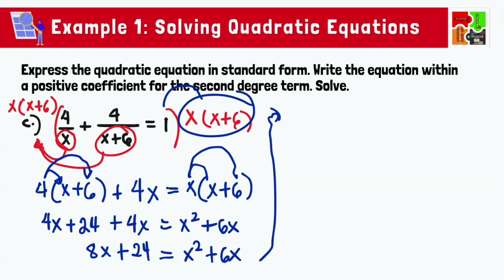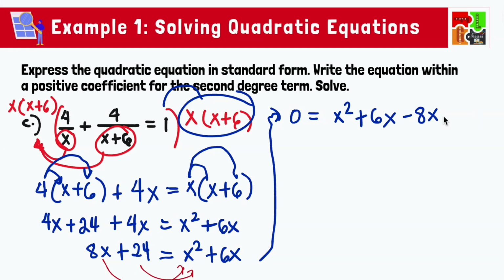So, of course, since nandito yung second degree term natin, ang ililipat natin sa kabila ay si 8x and si 24. By transferring them to the other side, we have 0 equals x squared plus 6x minus 8x, ito ay positive, magiging minus 8x.